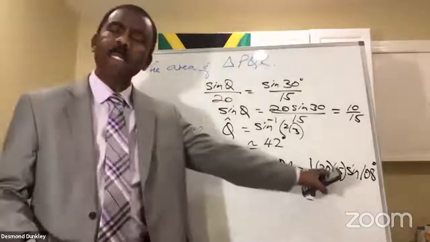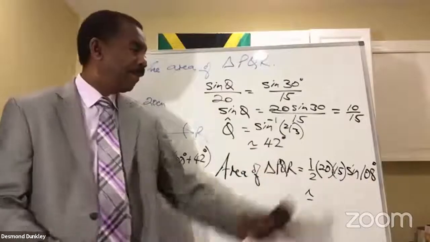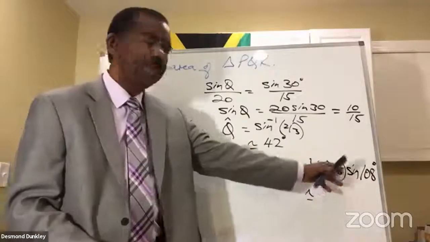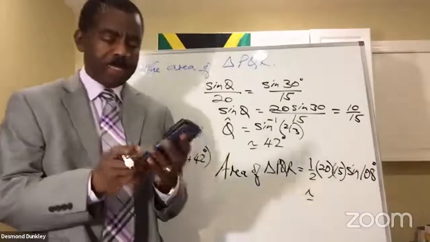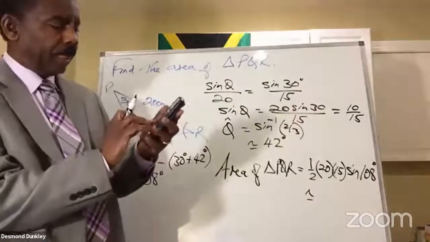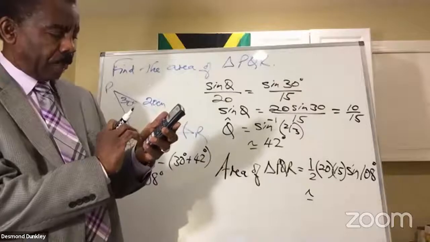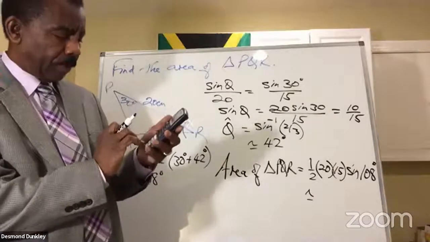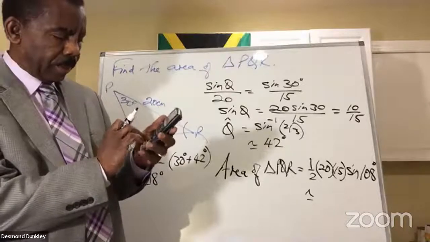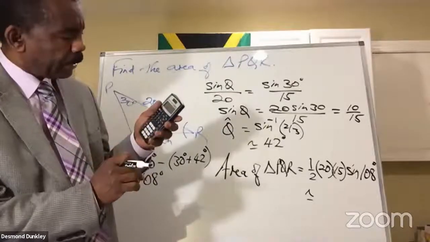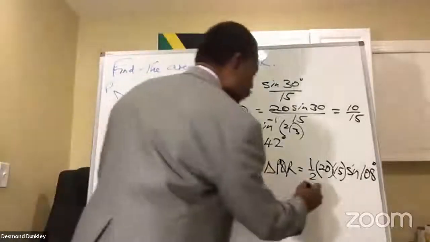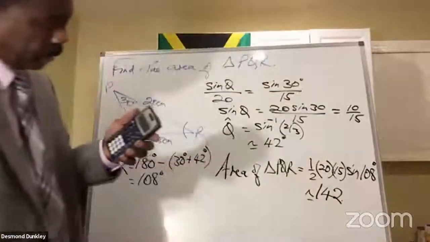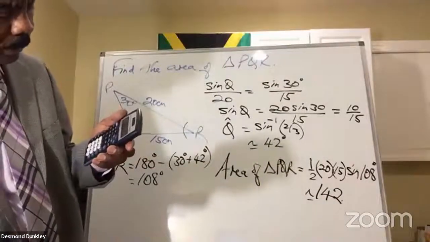a half times 20 is 10. 10 times 15 is 150. It's 150 sine 108. So we clear and we go 150 times sine of 108. And according to my calculator, it's approximately 142.7.